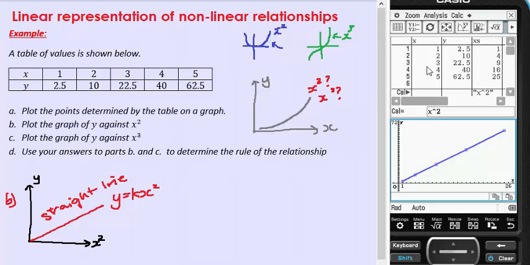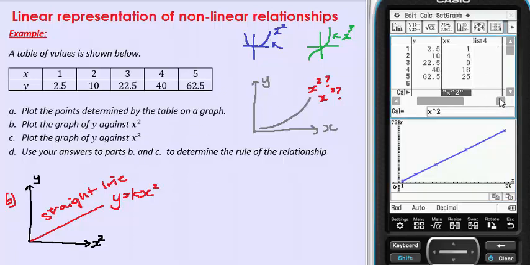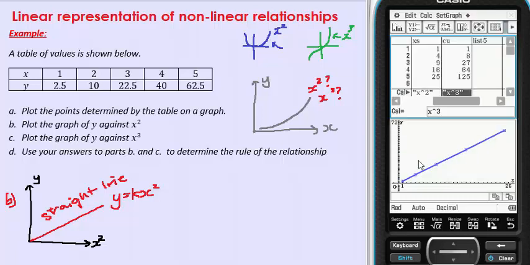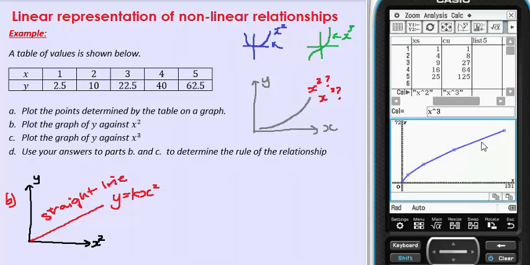Now for part C, I am asked to plot the graph against x cubed, so let's do that. I'm going to call this column CU for cubed. Down in my calculate box, I'll do x to the power of 3, and here's my x cubed. You can see when I sketch my CUs against my y's, I get a nonlinear relationship.